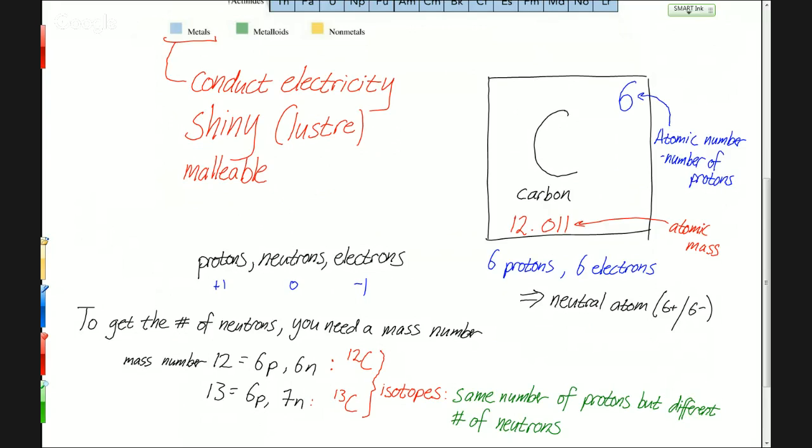Now, we're not going to get too much into this, but if the mass numbers are integers like 12 and 13, why is there this atomic mass that is usually some weird decimal? Where does that come from?